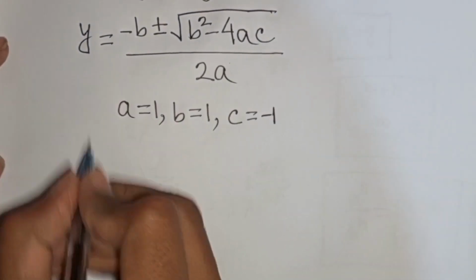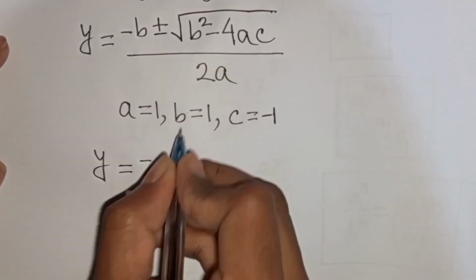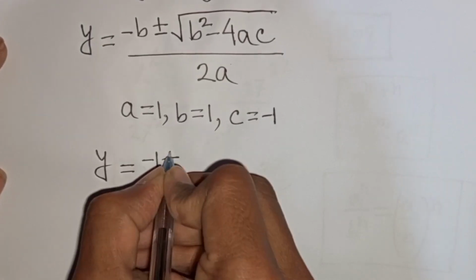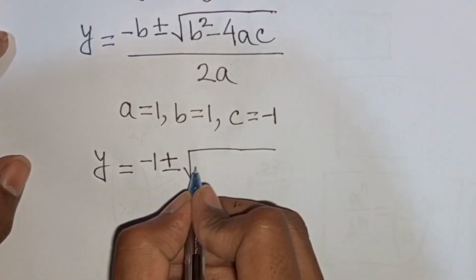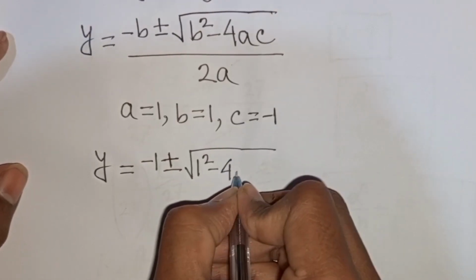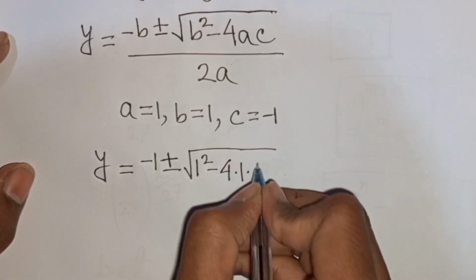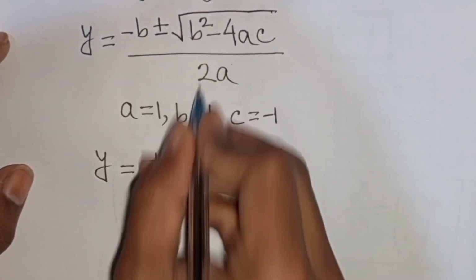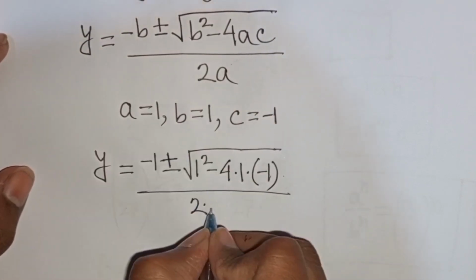Now we can write here y will be equal to minus b, that means 1, then plus or minus square root of b square, that means 1 square, minus 4 times a, that means 1, times c, that means negative 1. So it will be bracket negative 1, then divided by 2 times a, that means 1.